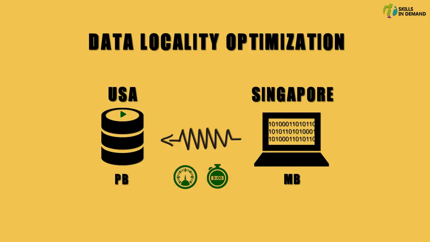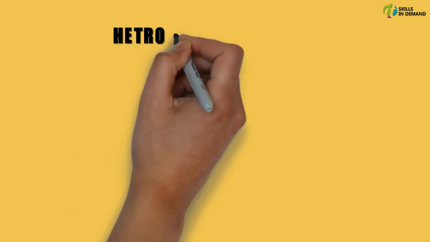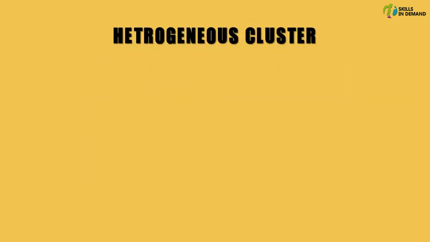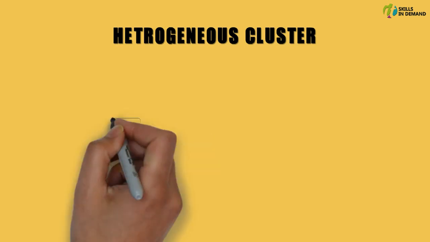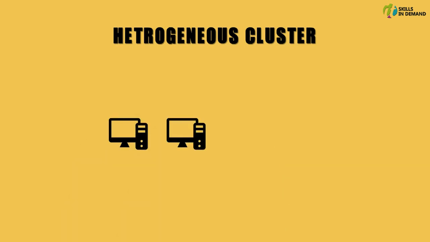The next important feature on the list is that Hadoop supports heterogeneous clusters. This feature can also be classified as one of the most important features offered by the Hadoop framework. We know that a Hadoop cluster is made up of several nodes. For your information, node is a technical term used to refer to a machine within the cluster.